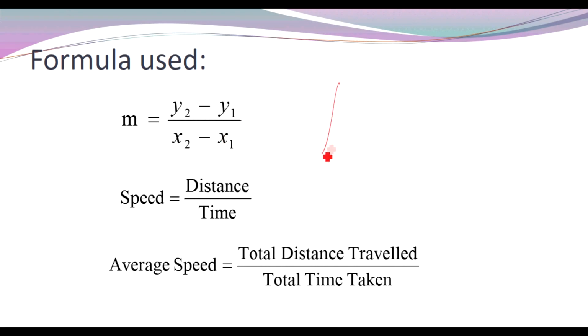If you have a straight line, take any two points on the graph. One you label as (x1, y1), another as (x2, y2). The coordinate is written in terms of x, y.